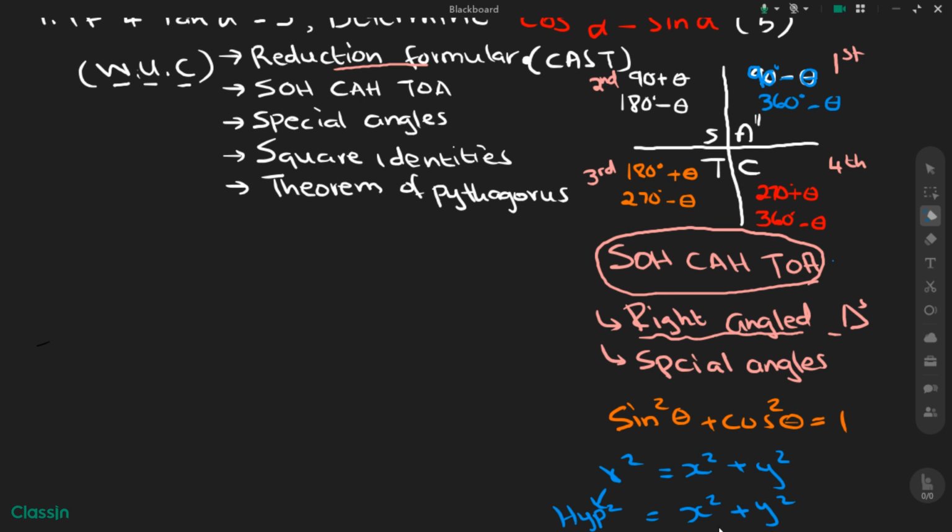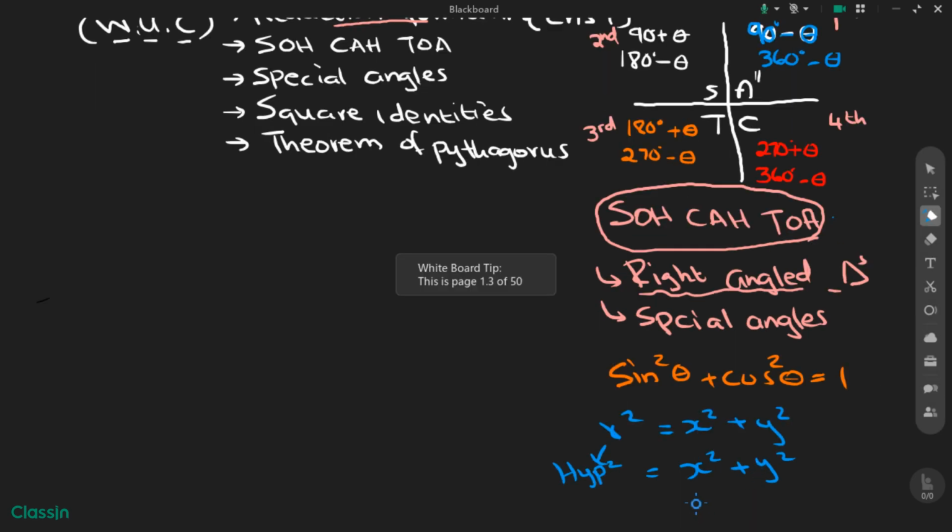Not necessarily every time is this x and this y. Sometimes it can be opposite squared plus adjacent squared, or adjacent squared plus opposite squared. I'm just using x and y because we are working with a right angle triangle. So SOHCAHTOA, special angles, and the theorem of Pythagoras work when we have a right angle triangle.